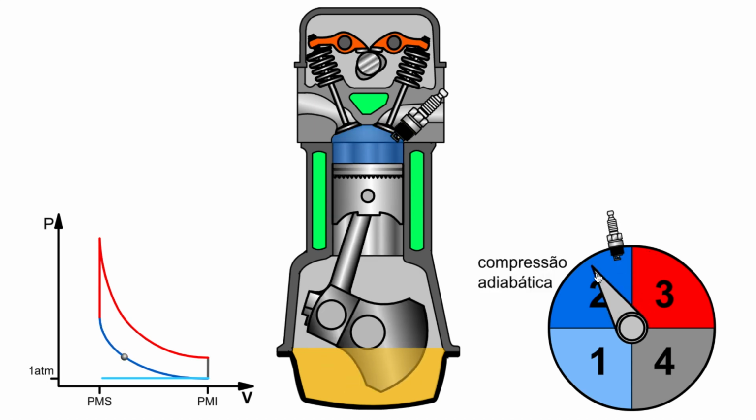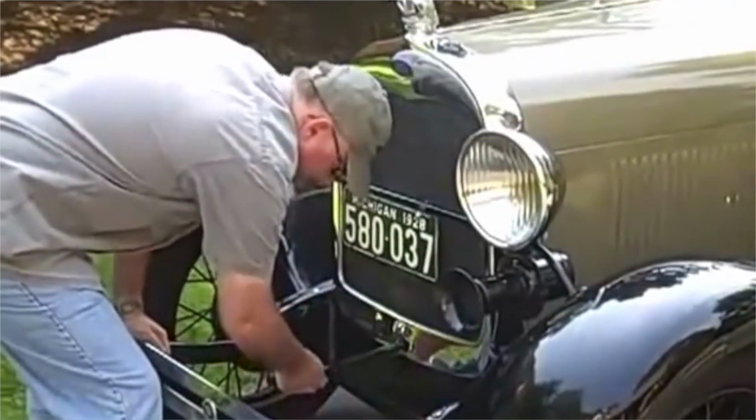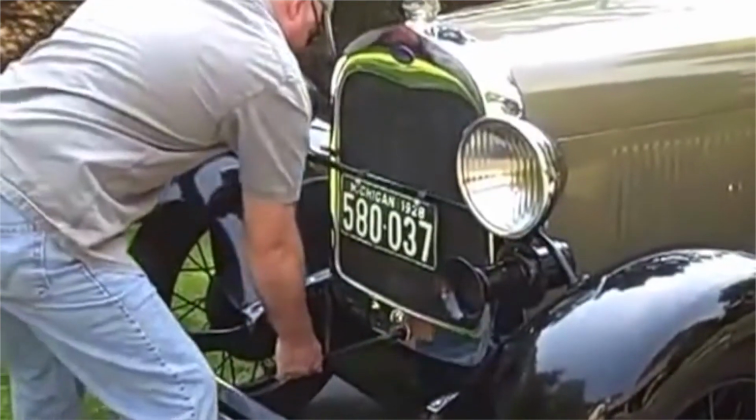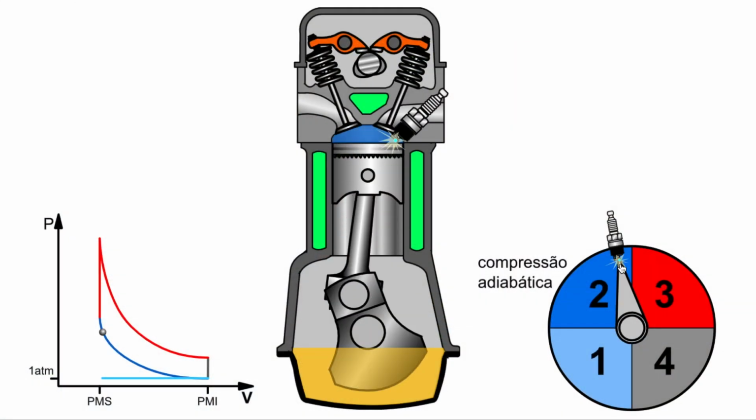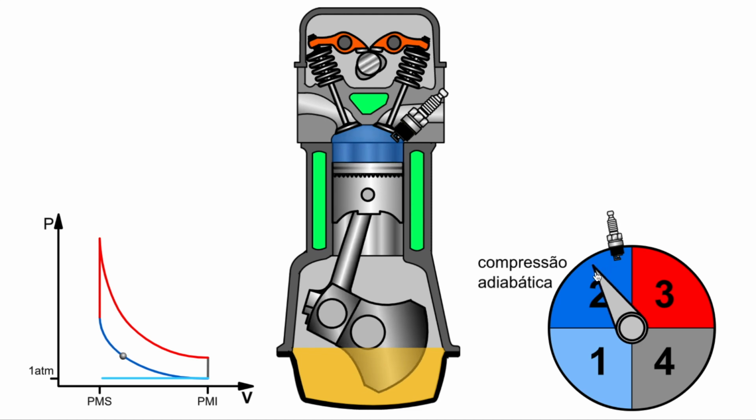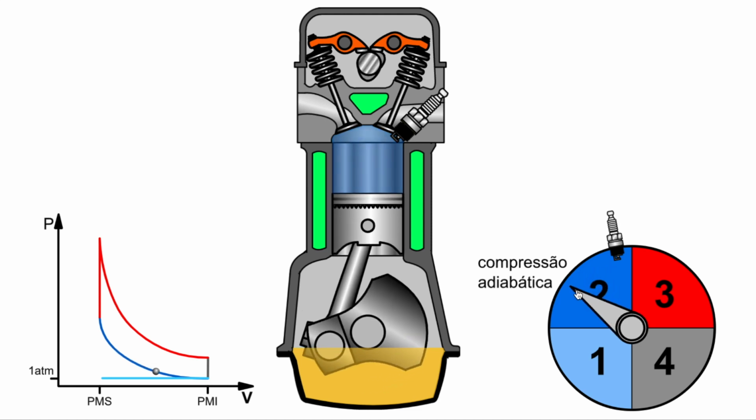Now, there is one scenario where you don't want the spark to come before TDC, which is when the car is off and you're trying to start it with a hand crank. Because a hand crank moves the pistons very slowly. And if you fire the spark too soon and the piston is moving too slow, then the pressure wave can actually make that piston reverse in its path, which is called kickback.